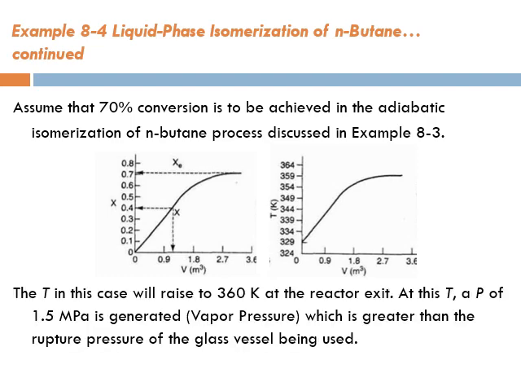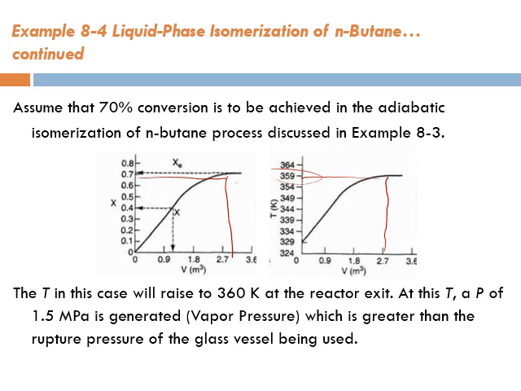From the conversion profile, you can see that in order to achieve 70% conversion, you will need around 2.7 cubic meter reactor, and if you reach around 2.7 cubic meter of the reactor, then the temperature will be somewhere around 360. So the temperature in this case will rise to 360 Kelvin at the reactor exit.